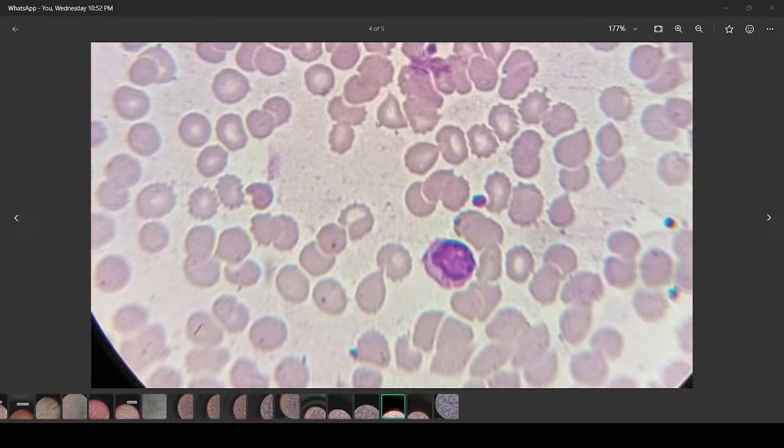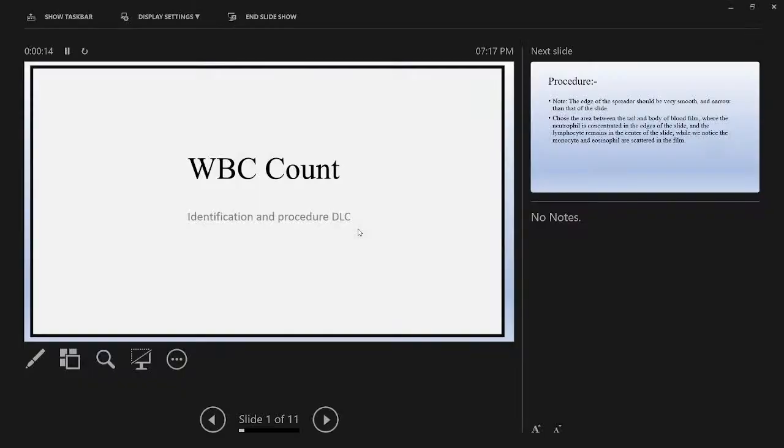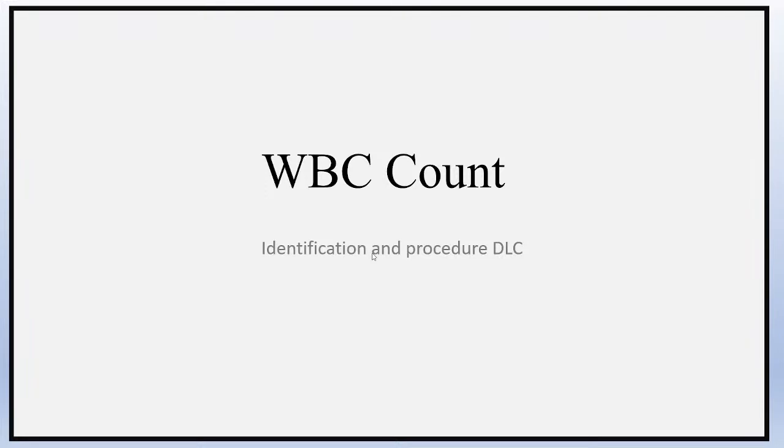Next I shall be talking about the procedure in a short way. I shall be presenting my screen. Okay, so here is the presentation.